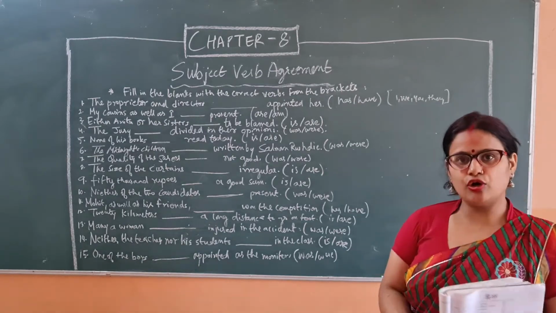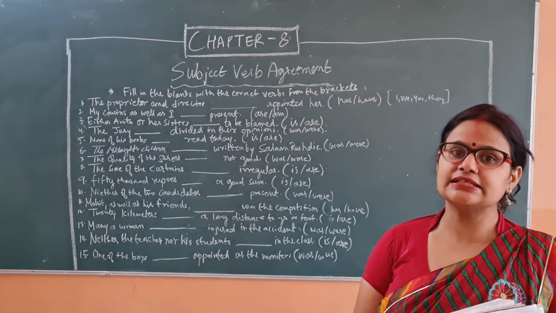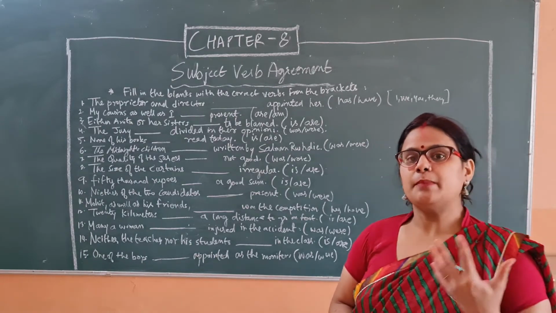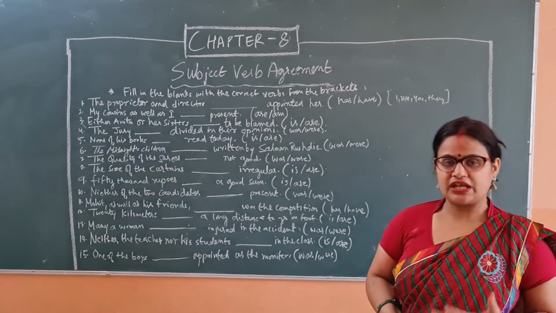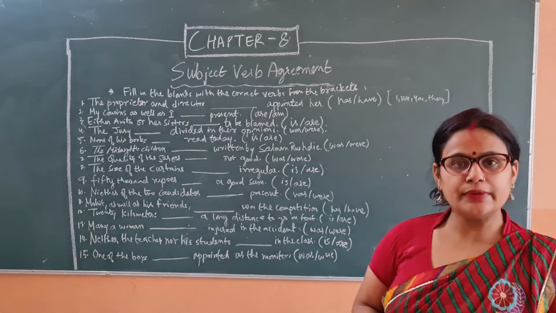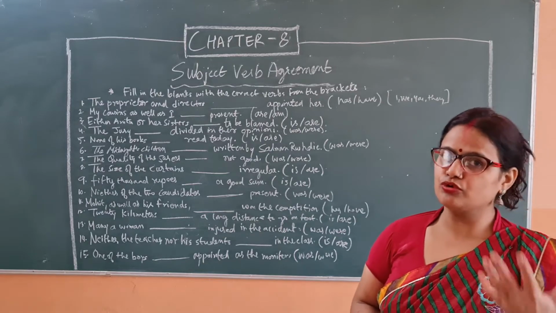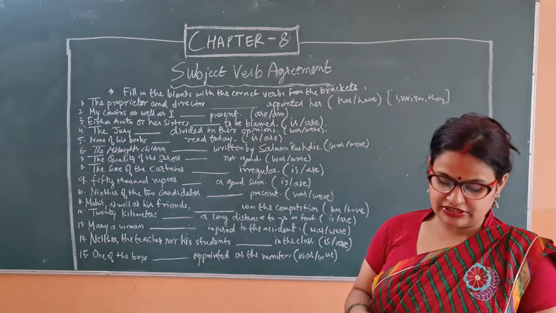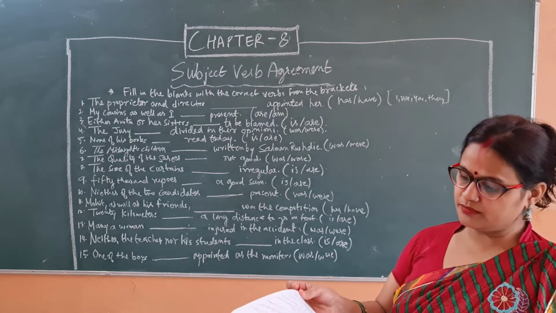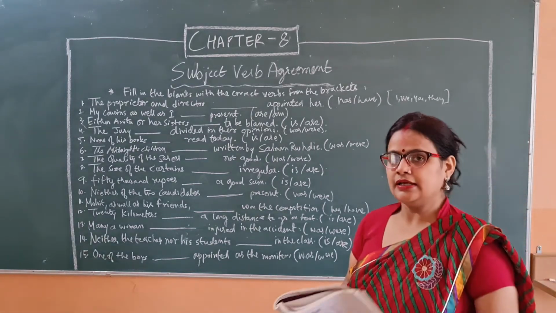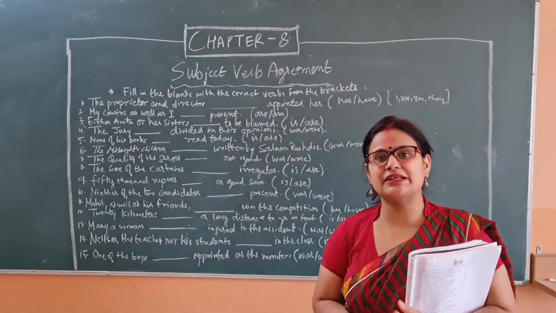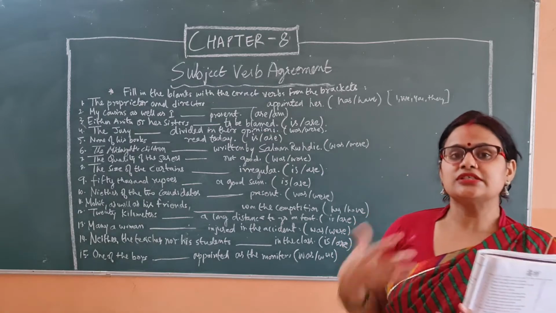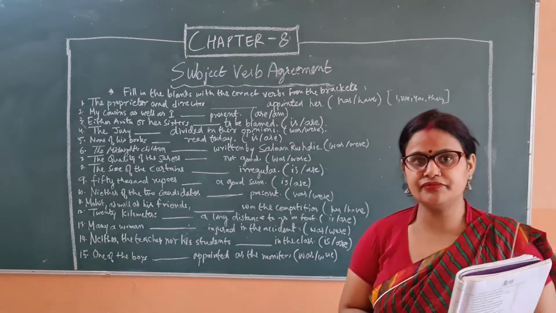But still I thought that in this video, we will discuss your first exercise, which is given on page number 64. I just request everyone, quickly grab your book. If you don't have one, get a pencil with you. If you see carefully, students, on page number 63 in your book they have given some explanation of the circumstances in which you will use a singular verb or a plural verb.